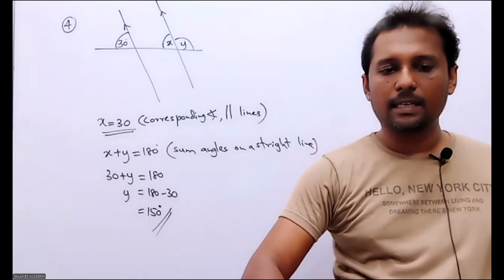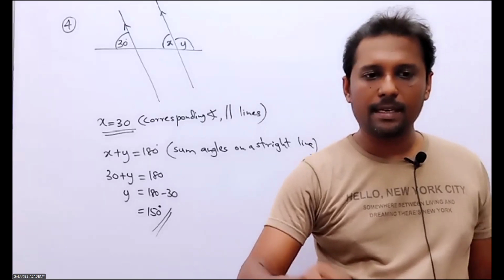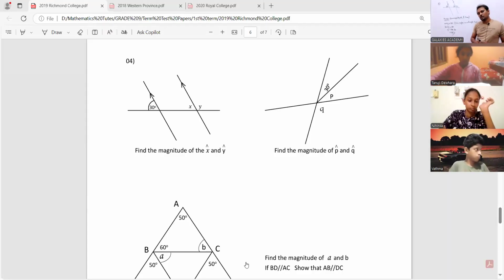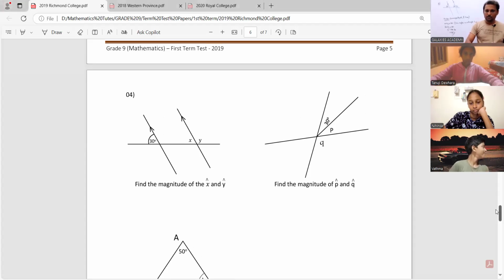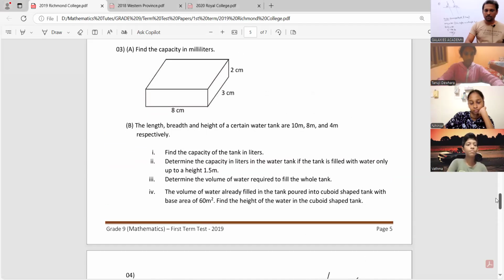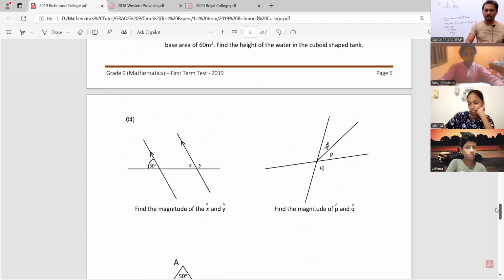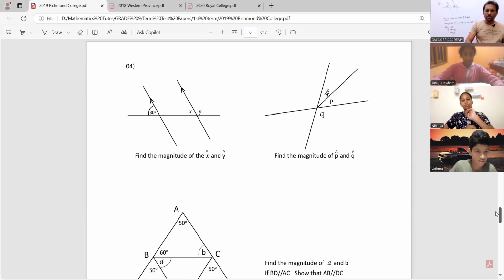Right? Then another diagram is given. What is the next diagram? Find the magnitude of P and Q. Did you find it? This diagram, I think, has incomplete data, right? One piece of data is missing.